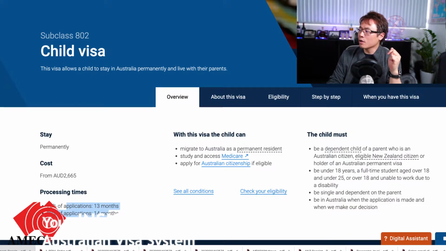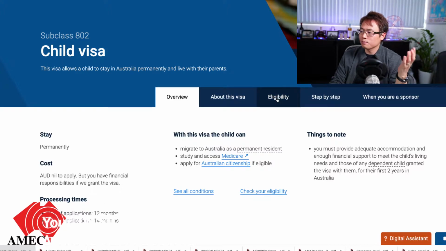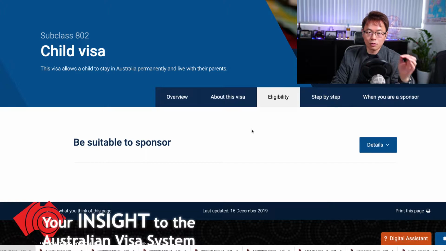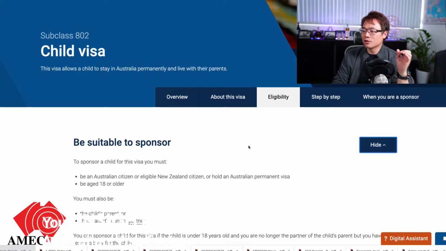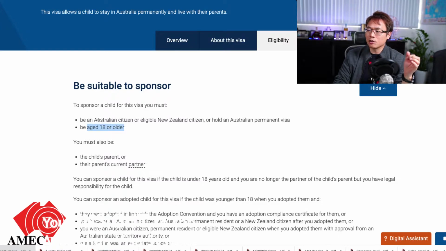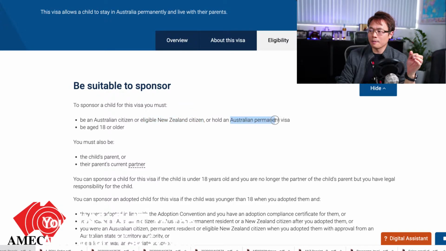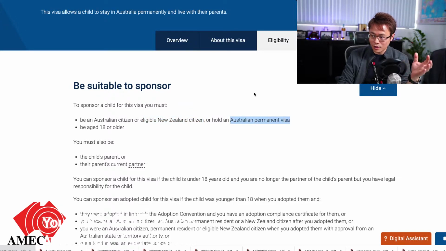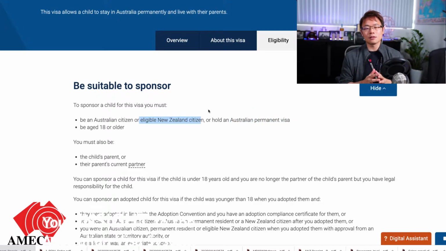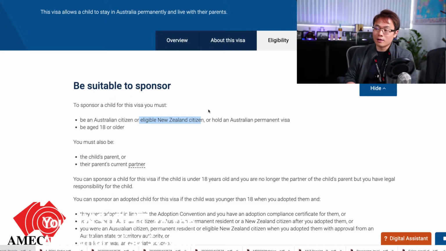Okay, now if we go to the sponsor, how do you become an eligible sponsor? It's pretty easy. You need to show that you're the lawful parent of the child, you are above 18 years of age, and you're either an Australian citizen, an eligible New Zealand citizen, or an Australian permanent resident. Eligible New Zealand citizens are New Zealanders who arrived in Australia before 2001.